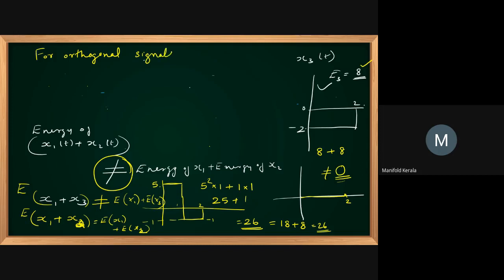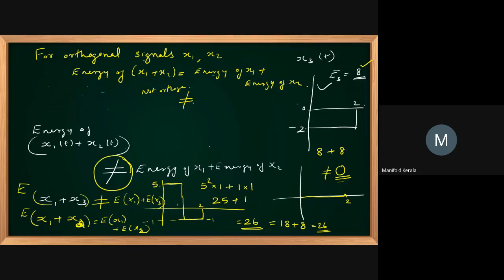For orthogonal signals H1 and H2, energy of H1 plus H2 is equal to energy of H1 plus energy of H2. If they are not orthogonal, this becomes an inequality. This is the point which you must remember.